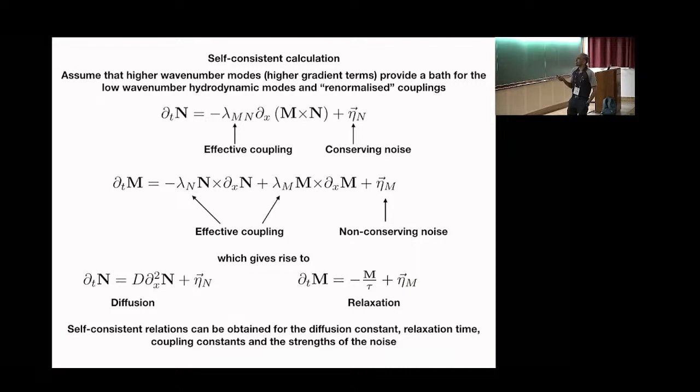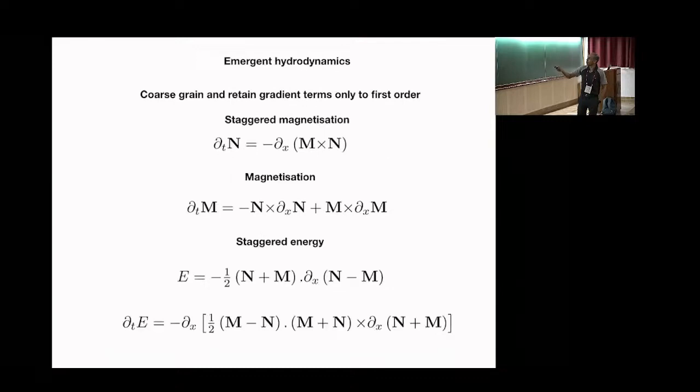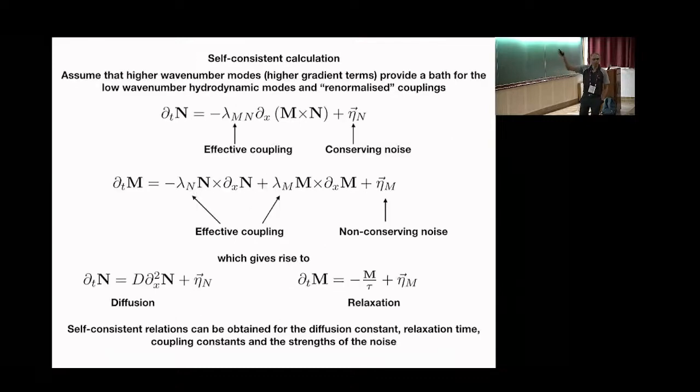And of course, they can give you an effective coupling in front of this term. You could have some renormalization of the one sitting here due to these large wave number modes. This is what you would expect, if not for any other reason, on phenomenological grounds for the staggered magnetization.